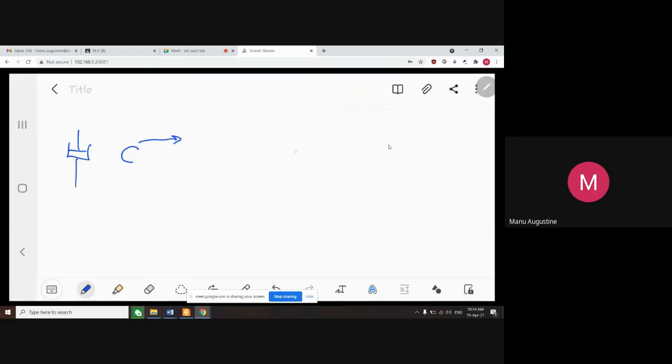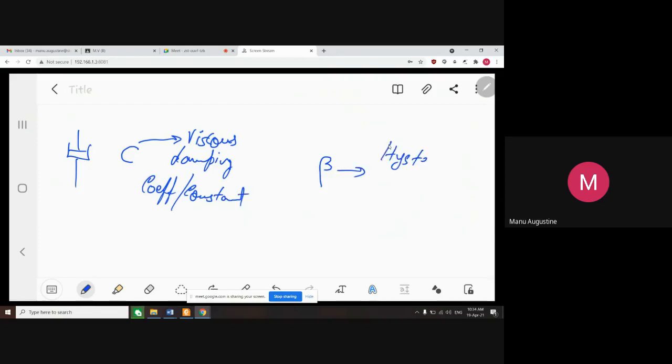तो हिस्टेरेटिक डैम्पिंग के लिए आपने अब ये कह दिया कि भाई बीटा मेरा एक ऐसा पैरामीटर है, जैसे कि सी था आपका विस्कस डैम्पिंग कोएफिशिएंट या कांस्टेंट, उसी तरीके से बीटा जो है वो आपका हिस्टेरेटिक डैम्पिंग कांस्टेंट या कोएफिशिएंट हो गया.